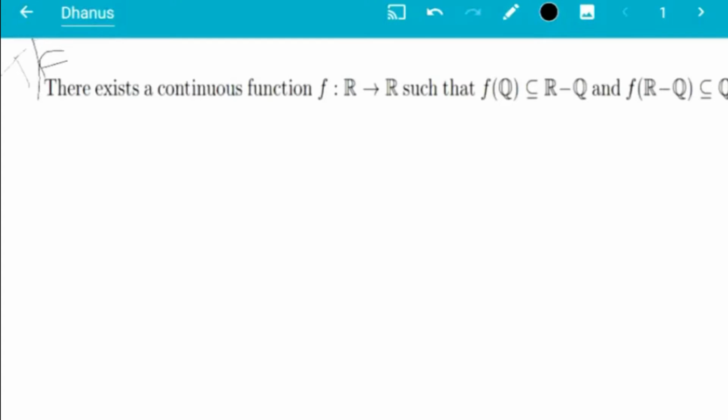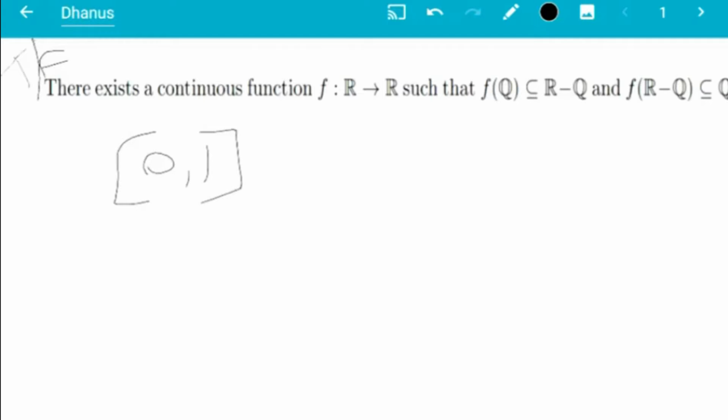If you look at this question, a continuous function maps a connected set into a connected set. First we can consider the closed interval [0, 1]. It is a connected set and its image will be another connected set.